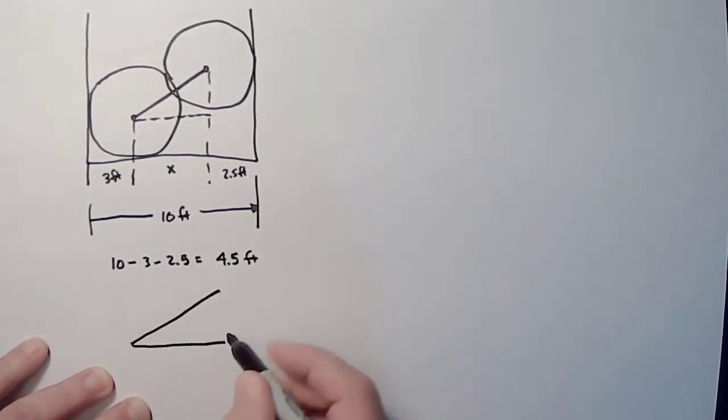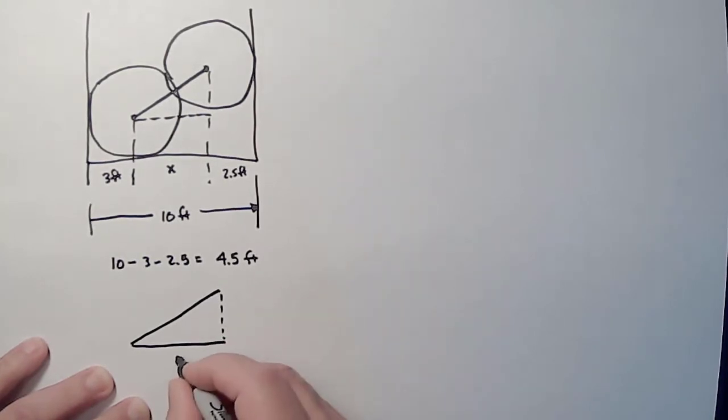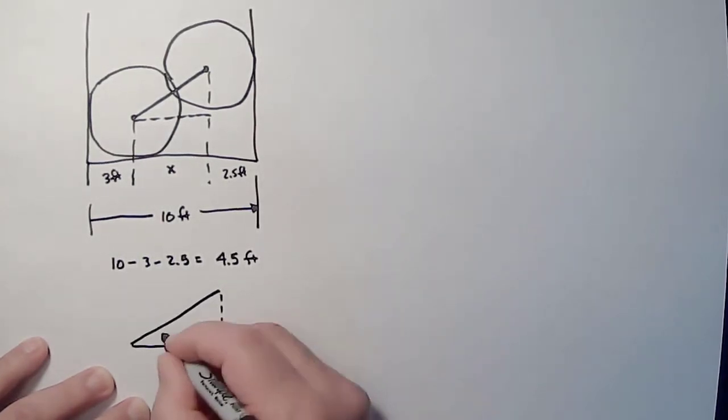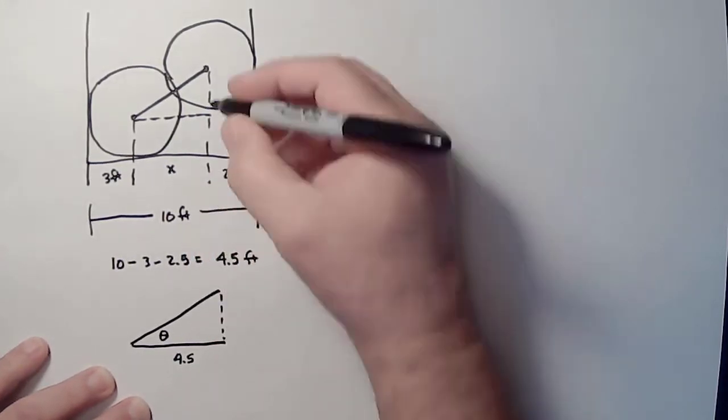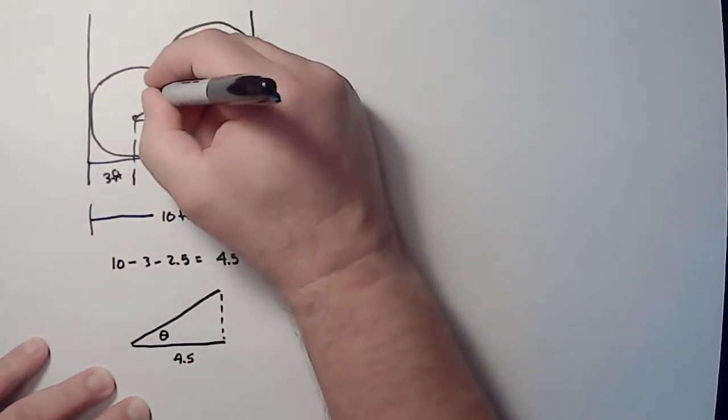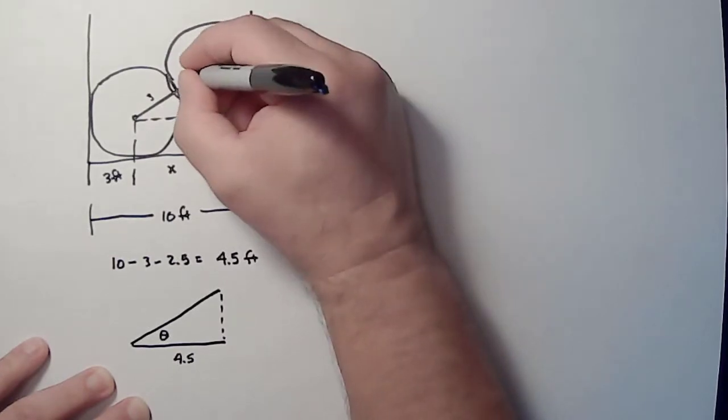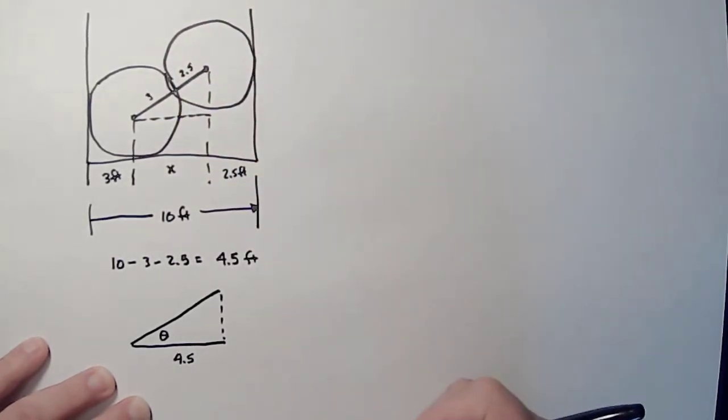Now if I know this length is 4.5 feet, and I know that's theta, I also know that this distance is 3 and this distance is 2.5.